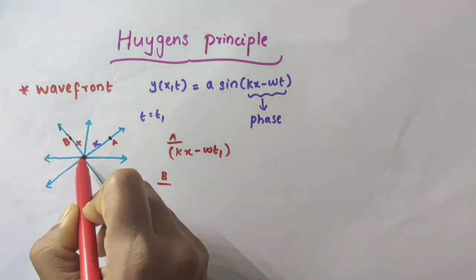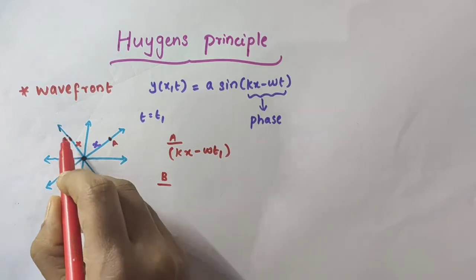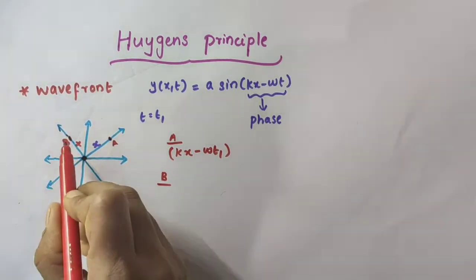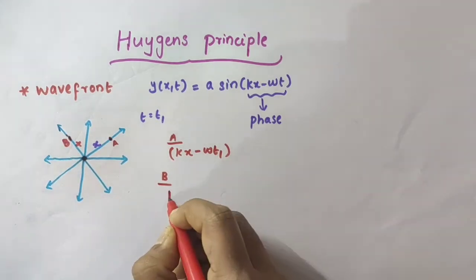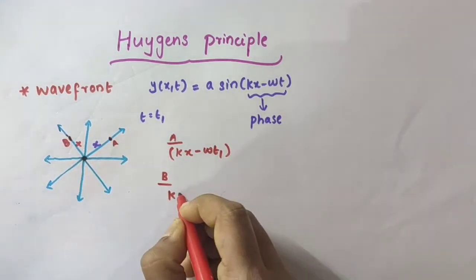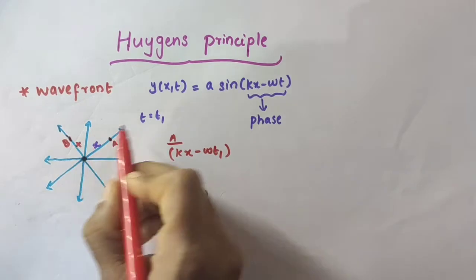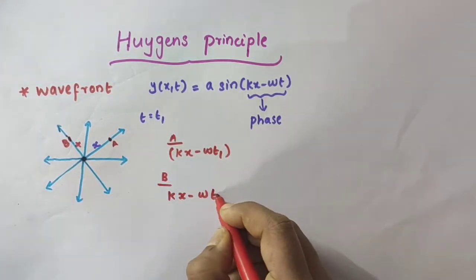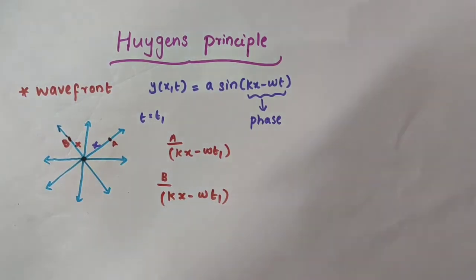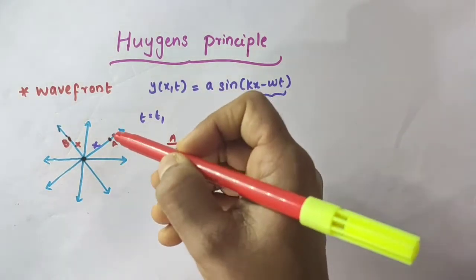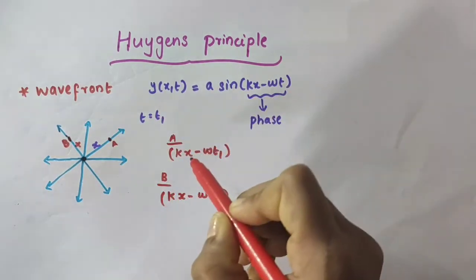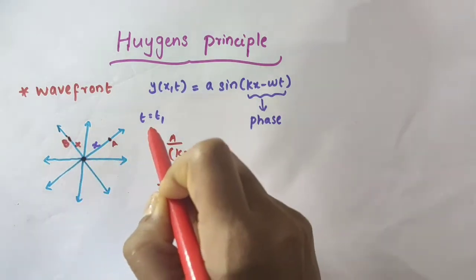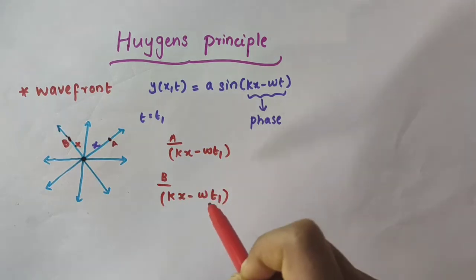The distance from the point of impact to B is x, so the phase is kx minus omega t, and at the same time, t equal to t1, it is kx minus omega t1. So the phase at the point A at t equal to t1 is kx minus omega t1, and the phase at the point B at t equal to t1 is also kx minus omega t1.